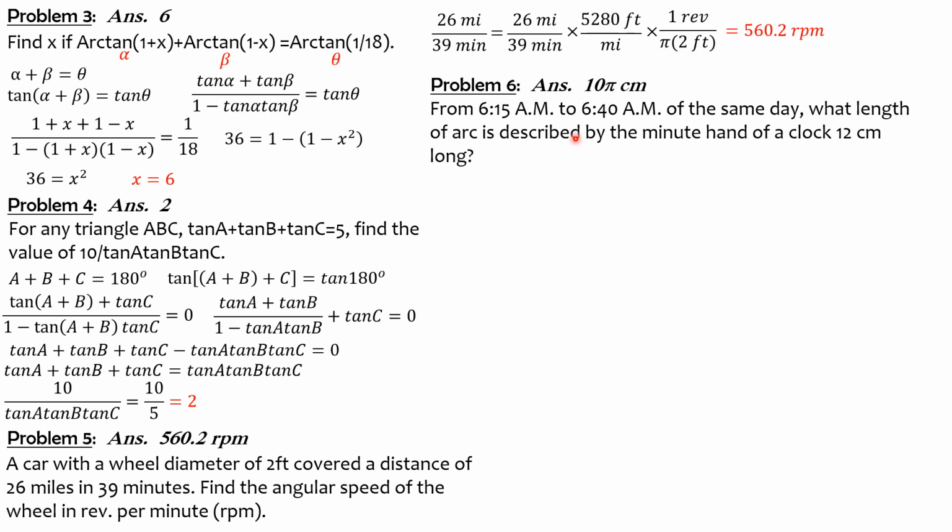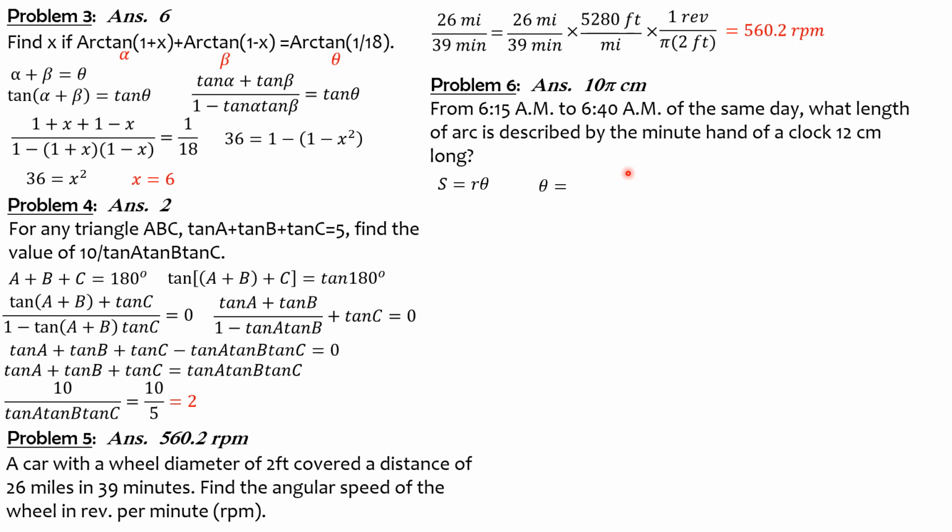I hope that you know that. So 30 degrees times 5 is 150 degrees. So theta is 150 degrees, and 150 degrees times pi over 180 is 5 over 6 of pi radians.